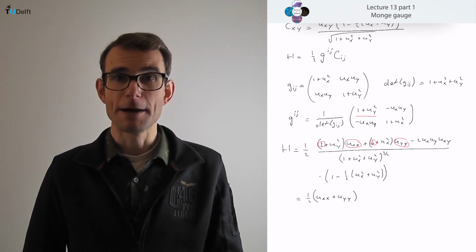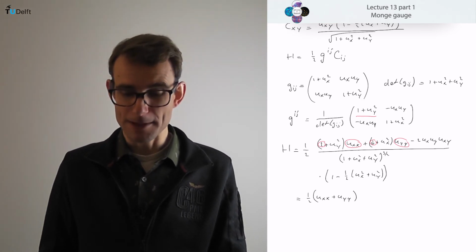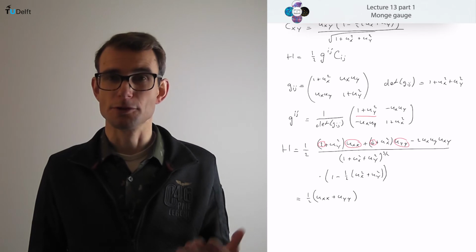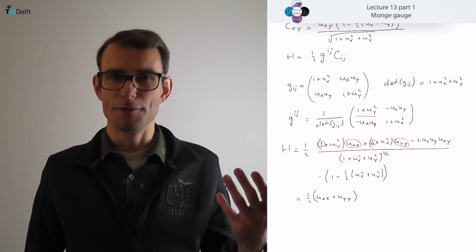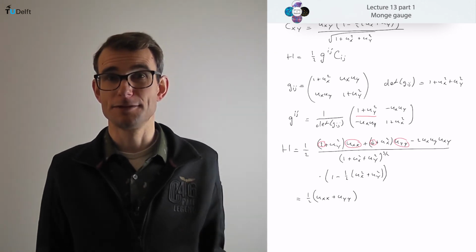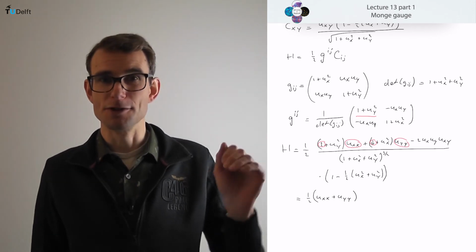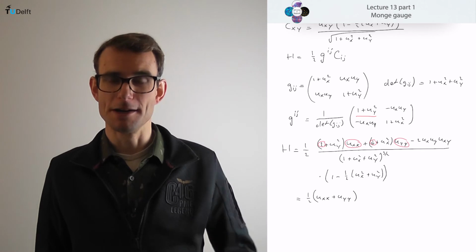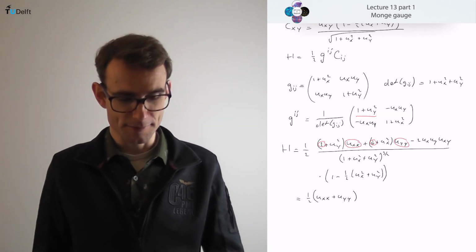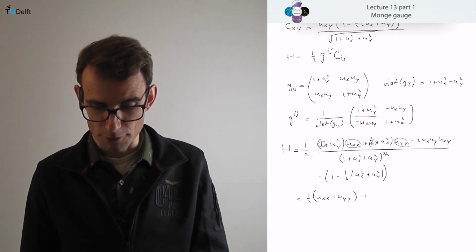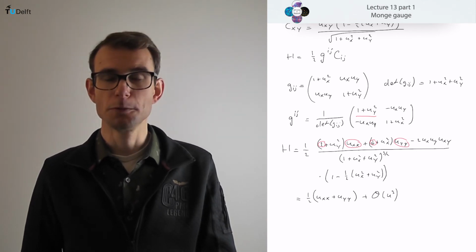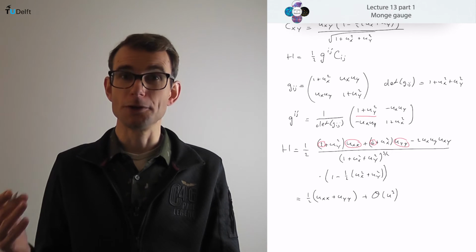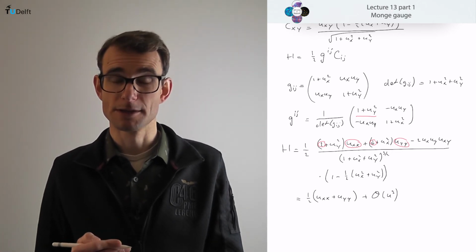So perhaps unsurprisingly, the mean curvature to second order, at least, is the average of the second derivatives. And the second derivatives, of course, are the curvatures looking in the x and in the y direction. So perhaps we could have guessed this, though of course there are correction terms here of order u cubed, where order u cubed means cubed not just in u, but also in all its derivatives.